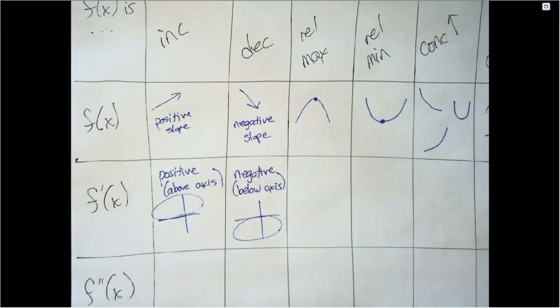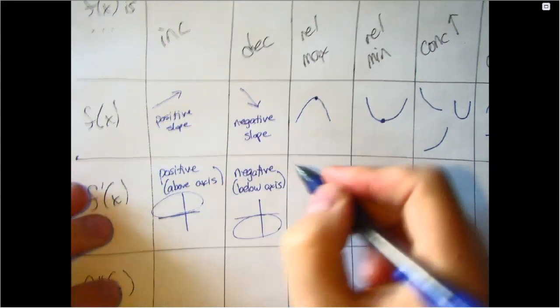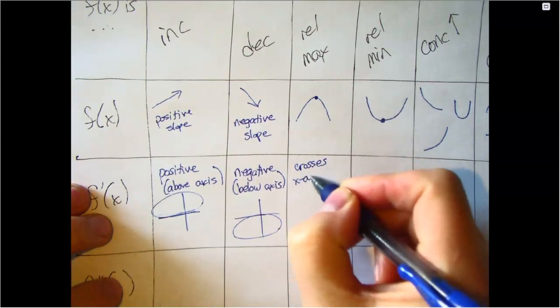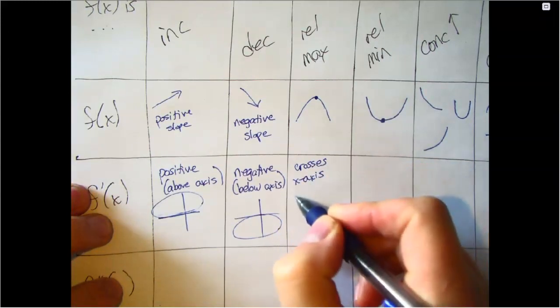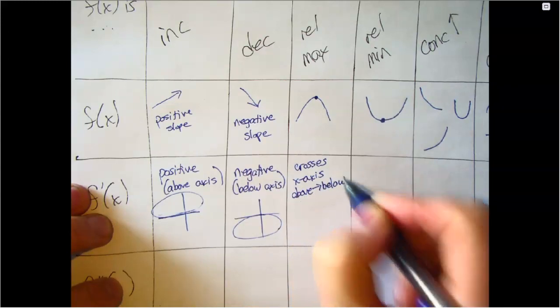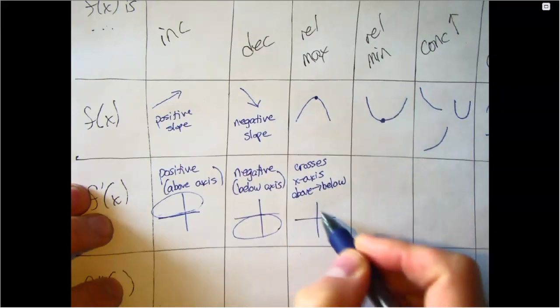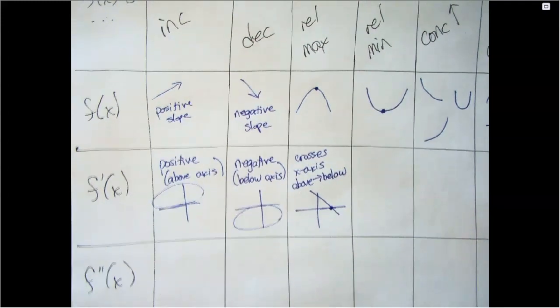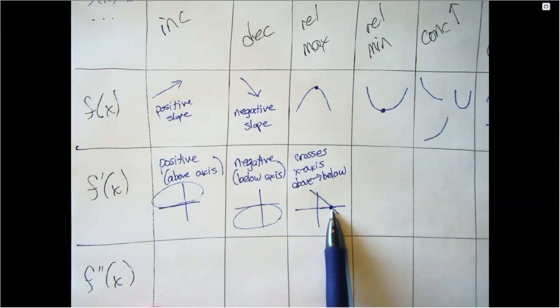So then we get this up, down. That's a relative max. So this crosses the x-axis from above to below. It's got to be in that direction to be a relative max. That's my example of crossing from above to below.